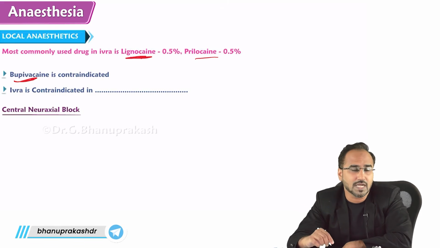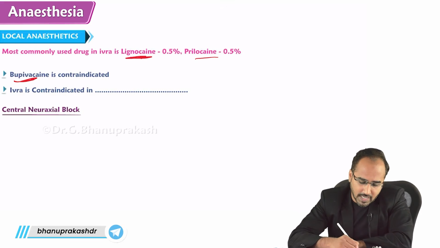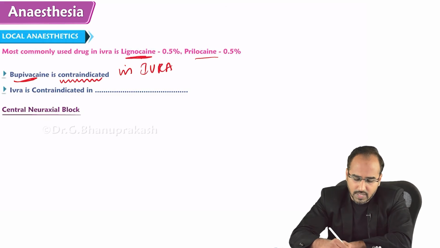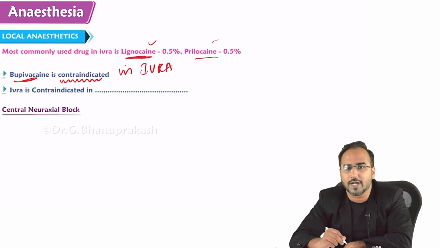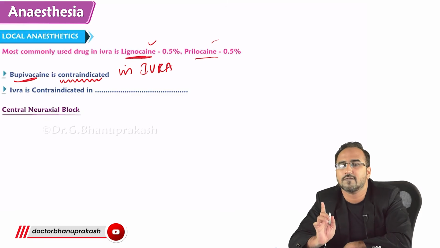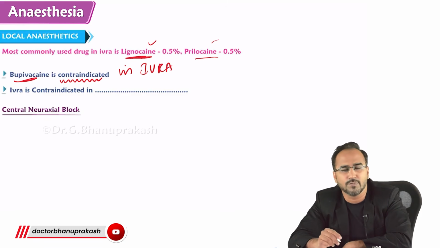So it should never be given. Bupivacaine is contraindicated in IVRA. You can give lignocaine and prilocaine, but you cannot give bupivacaine.